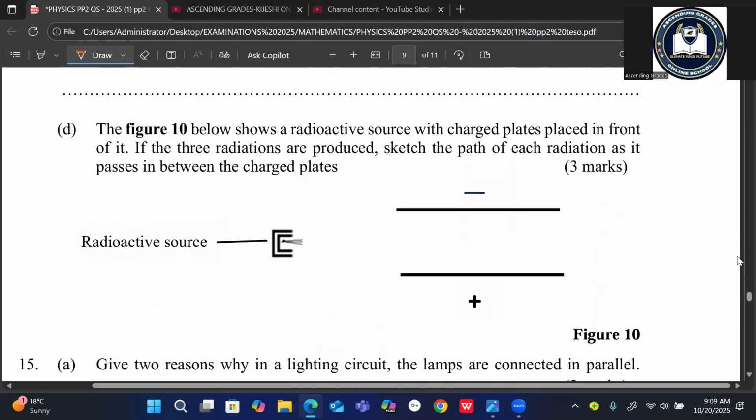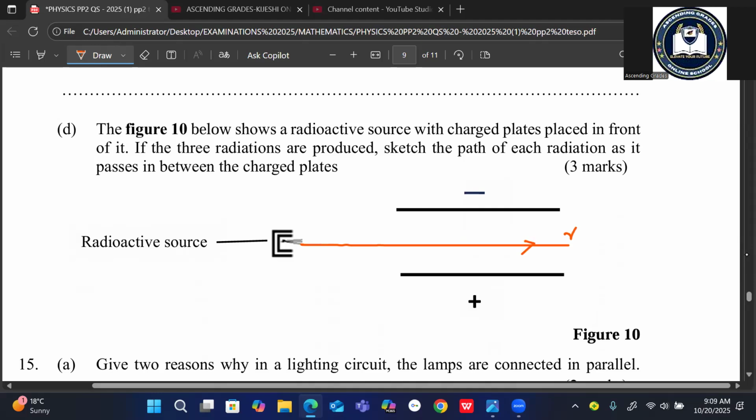So we are going to start right away. We know that we have one that passes through undeviated, and this is the gamma.